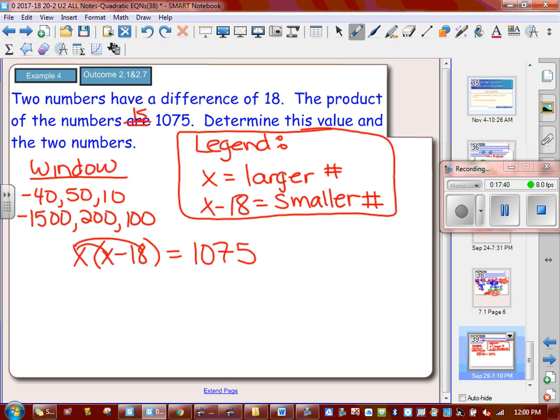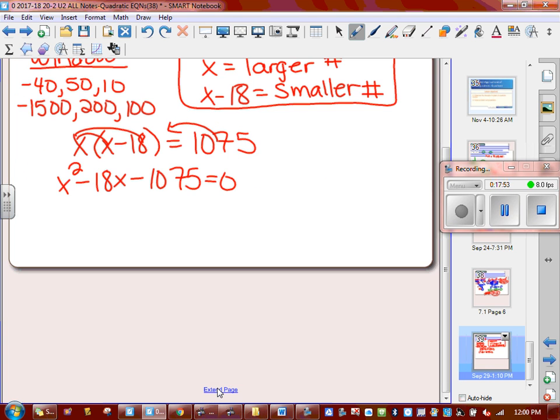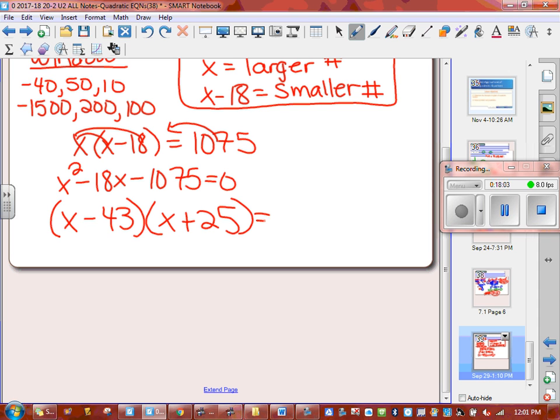So we're going to multiply in and bring that over: x squared minus 18x minus 1075 equals 0. Now we're going to throw it into a diamond or the quadratic formula, and we get (x minus 43)(x plus 25) equals 0.